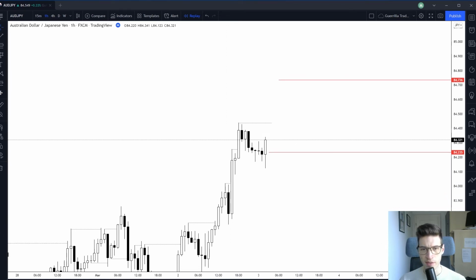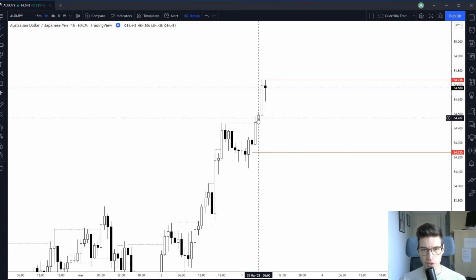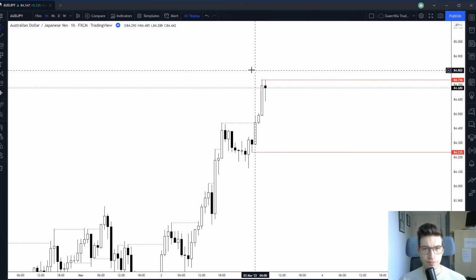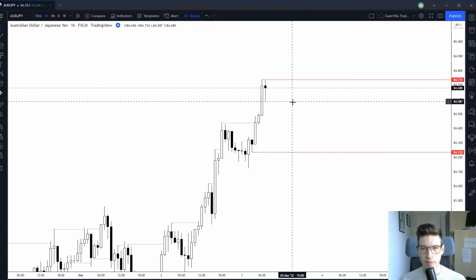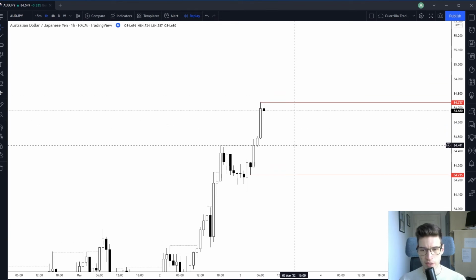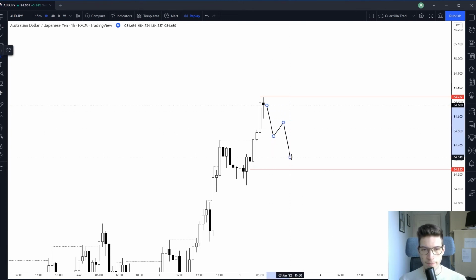And then what happened? Price continued to the upside, broke the high, left a clean close, broke the high again, left a clean close, and then we left double wicks on the top. So what I'm currently seeing is that I want to take a combo. I want to take something like this to the entry point.